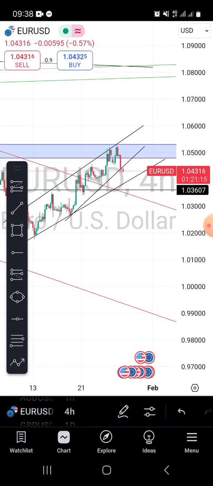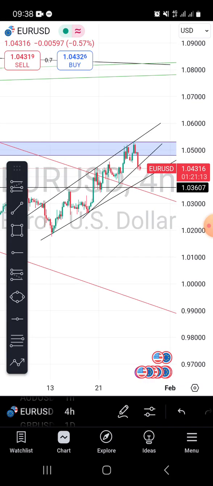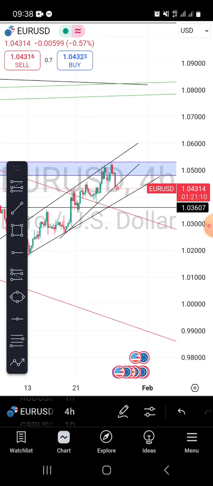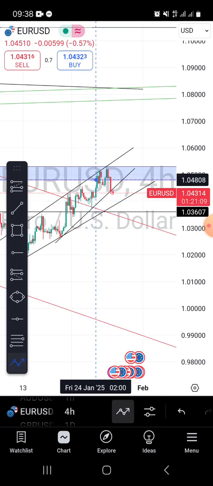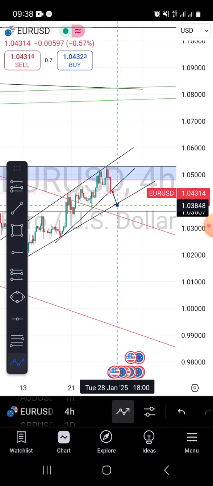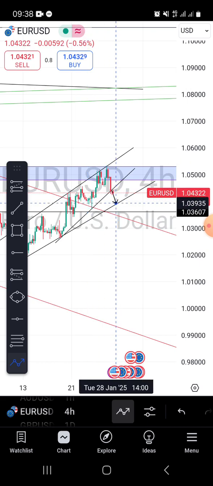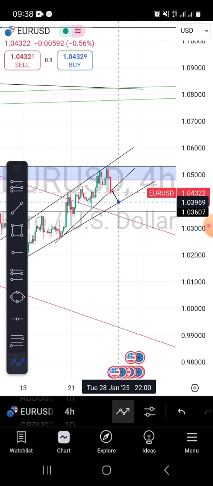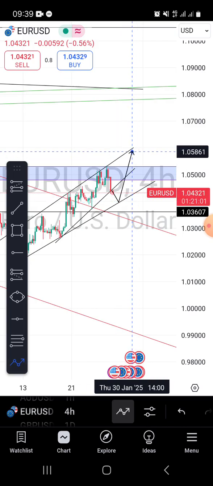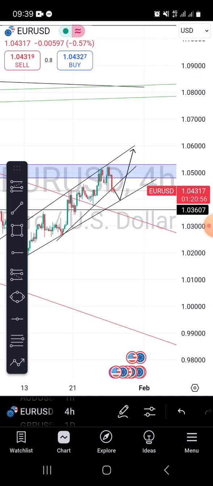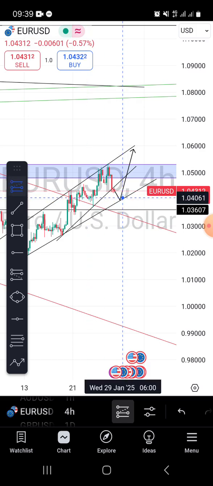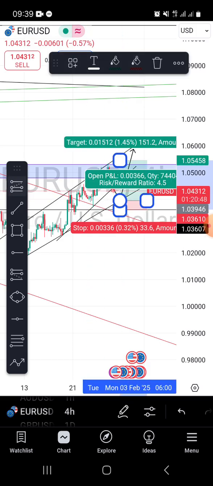You have the uptrend line too on H4. So a sell down to this point and rejection on this uptrend line, we might see the market move up from there. So that is our point of interest for Euro USD too. Something like this.